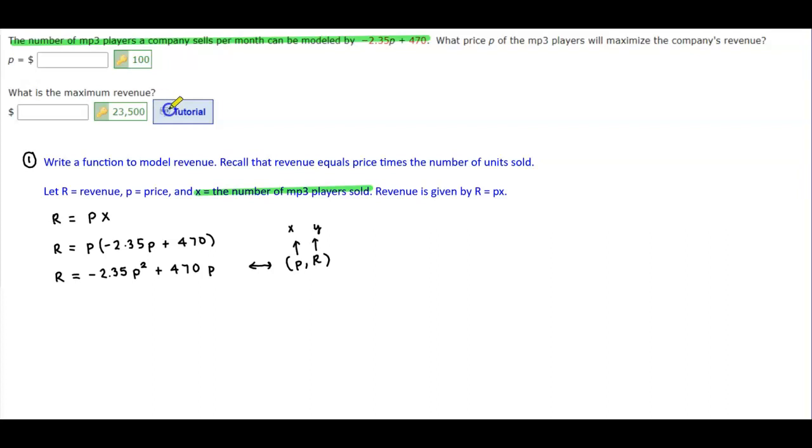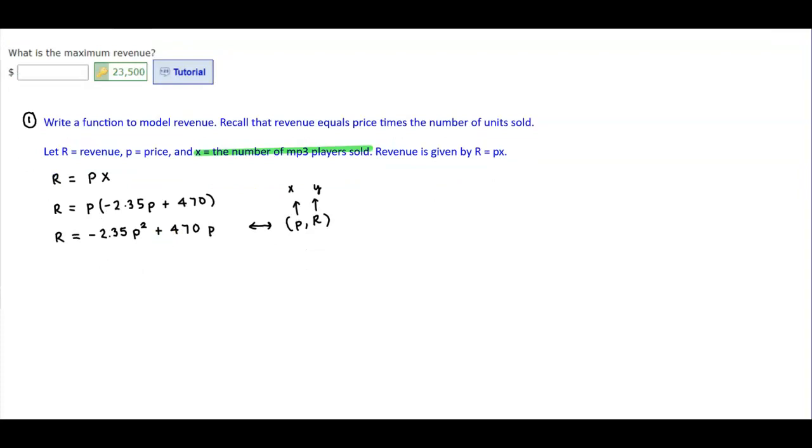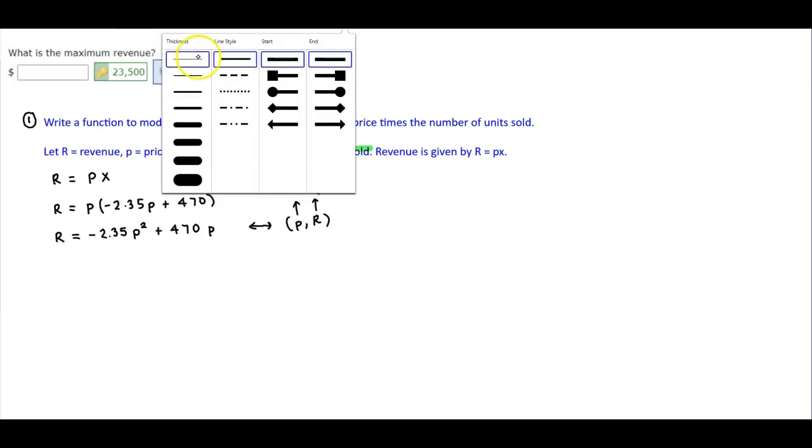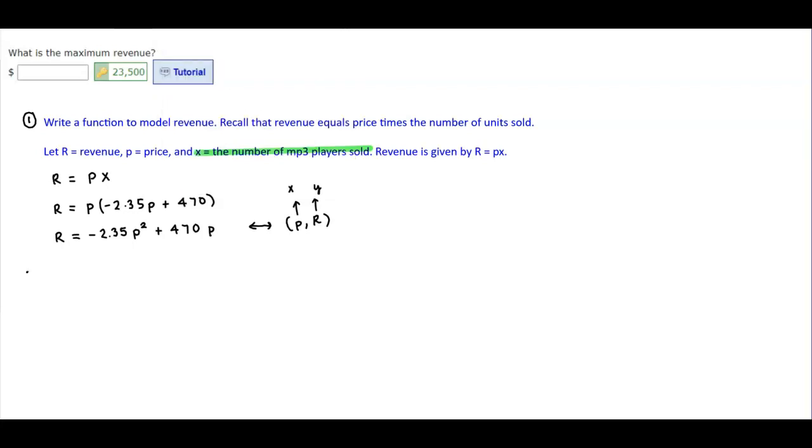So now that we have a quadratic function, to answer our question, we can determine the coordinates of the vertex. So let's find the coordinates of the vertex. We know that A is equal to negative 2.35, B represents 470, and C is equal to 0.